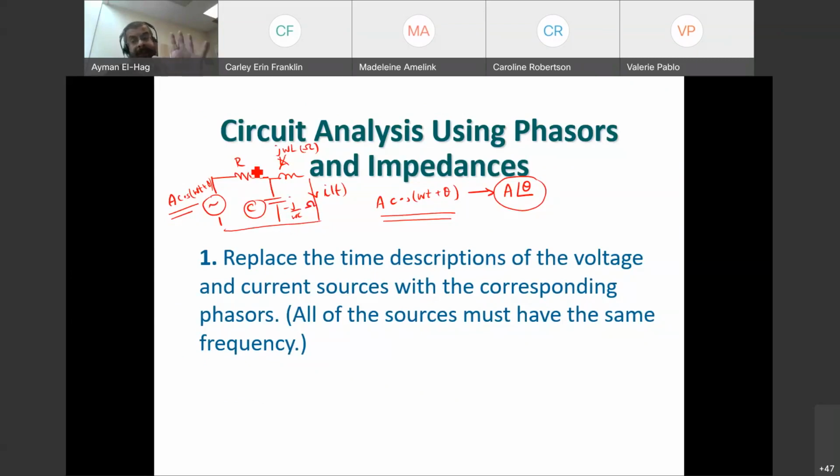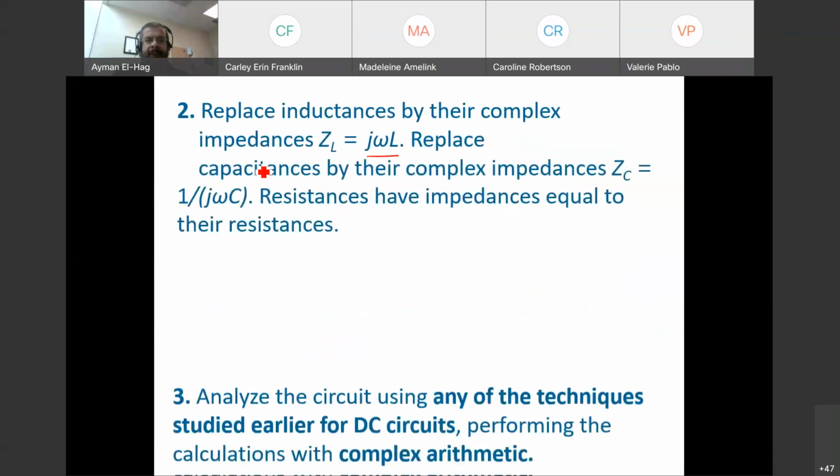And R, of course, I keep as it is, also in ohm. So now you converted everything into ohms, and now you are ready to start working.